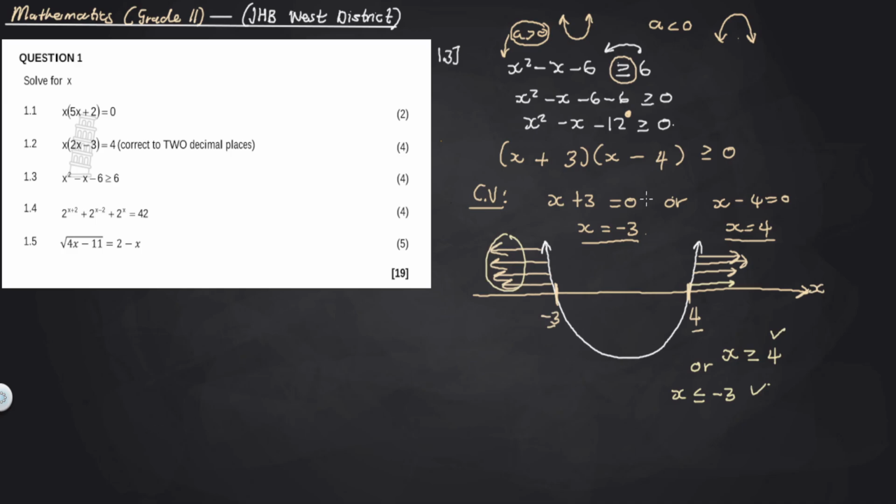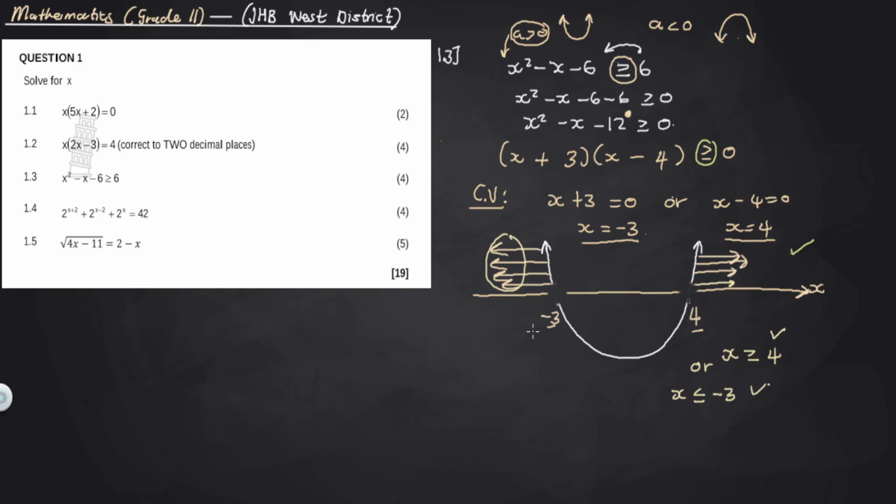And another thing, the greater or equal to sign: sometimes they insist that you show your solution on a number line, right? So draw your circles because this also counts towards your marks.